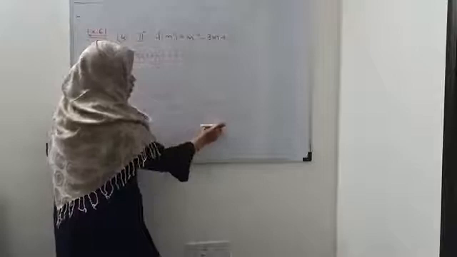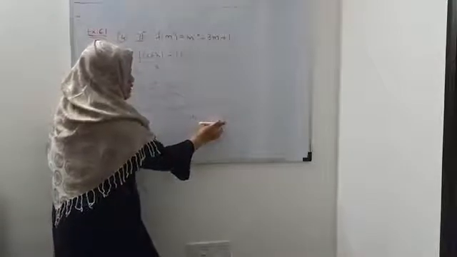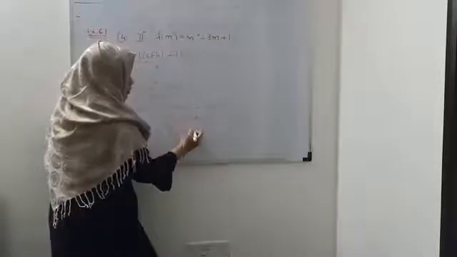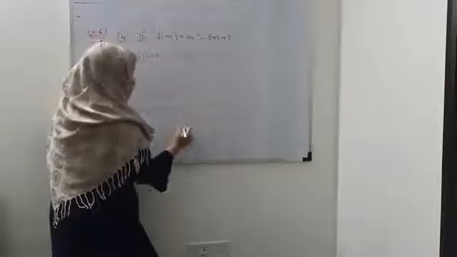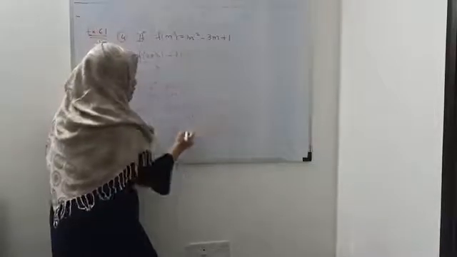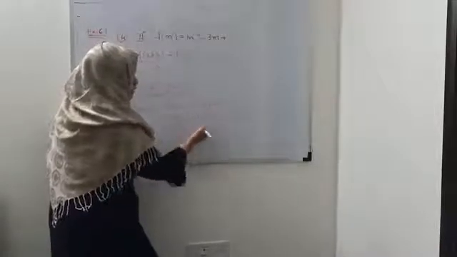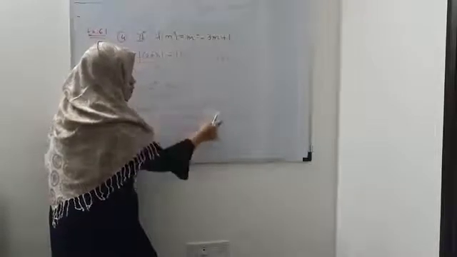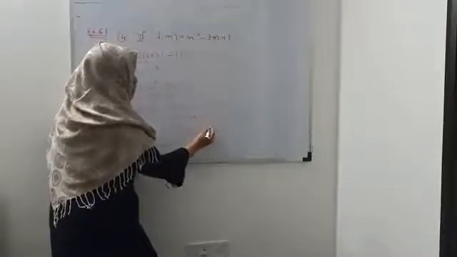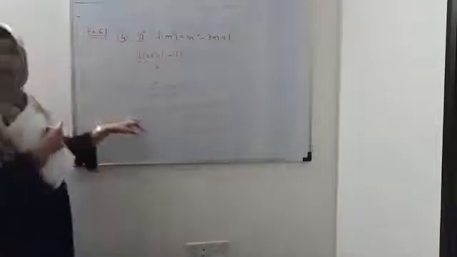So 4 minus 6 plus 1 is minus 1. H square, 4h minus 3h is h. So this is the value of f of 2 plus h.